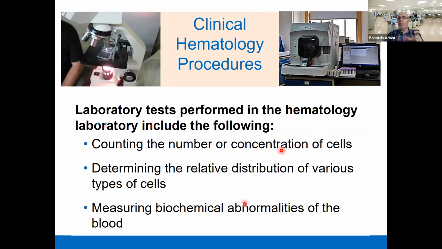You count total white blood cells, but you also need to count the relative distribution of the types of white blood cells, such as neutrophils, basophils, eosinophils, lymphocytes. We are also measuring the biochemical abnormalities of the blood. All these help physicians to get a correct diagnosis.